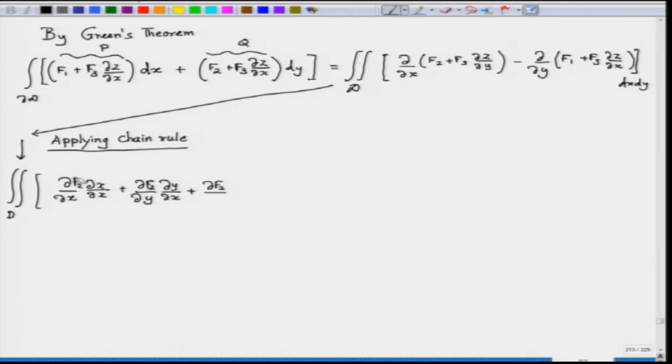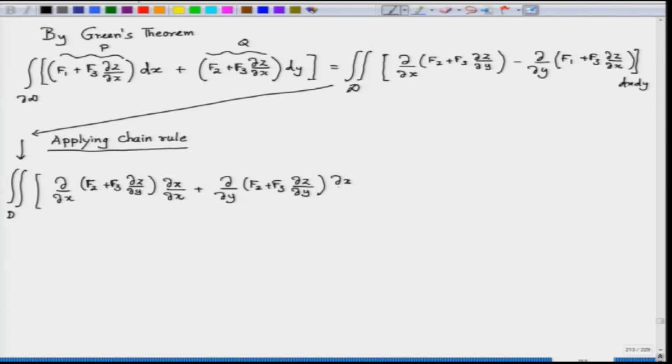You may do it like this, or there is another method of doing it. I think I will try to make it much simpler for you. When I am computing this part, I am computing this part plus this part. So del x of f2 plus f3 del z del y into del x, plus del y of f2 plus f3 del z del y.